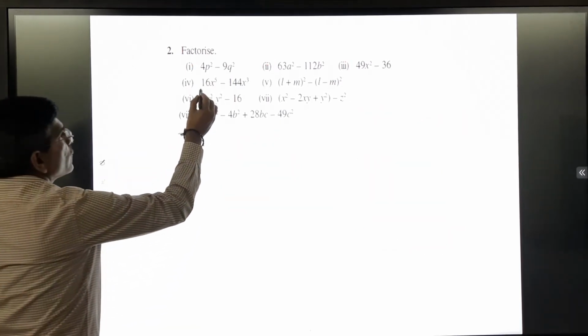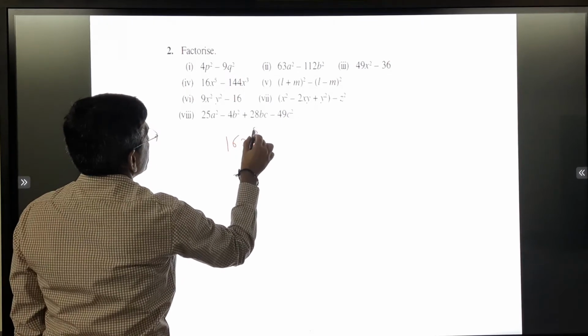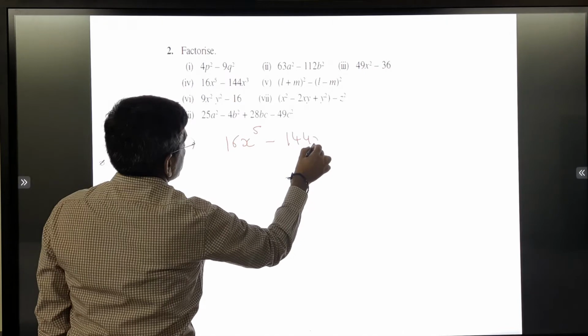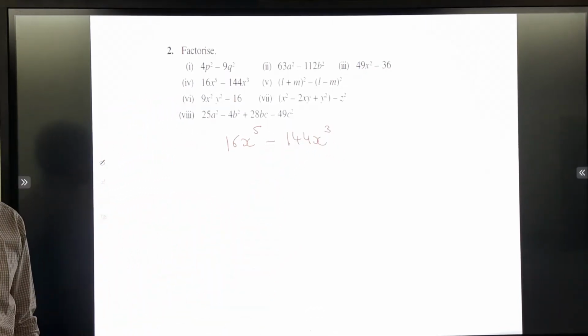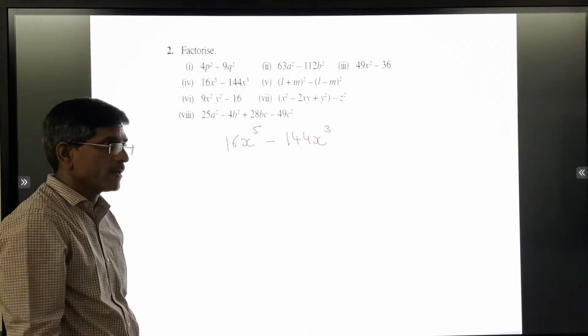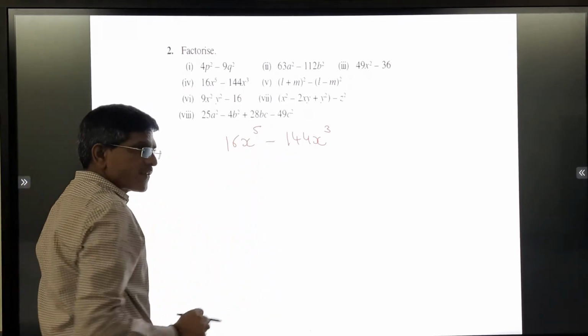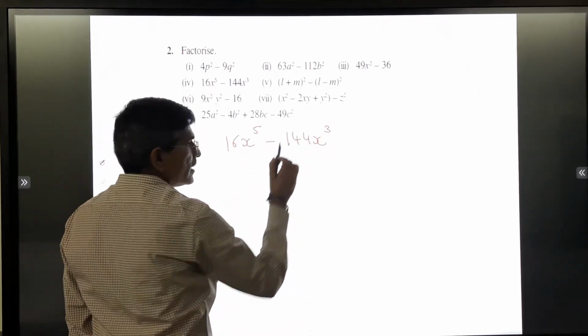If you see in the 4th sum, the numbers are perfect squares but the variables are not perfect squares. When we factorize using the identity a square minus b square, it must be a perfect square. So 16 is a perfect square, 144 is also a perfect square, but here x to the power 5 and x to the power 3 are there.